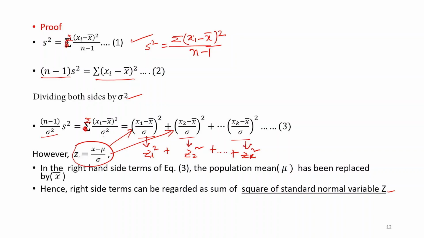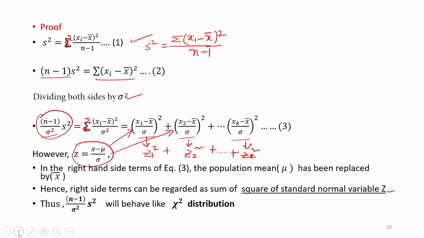Therefore, if the right hand side follows the chi-square distribution, then n minus 1 a square by sigma square is going to follow the chi-square distribution. That is how the proof goes, that n minus 1 into a square by sigma square follows the chi-square distribution.